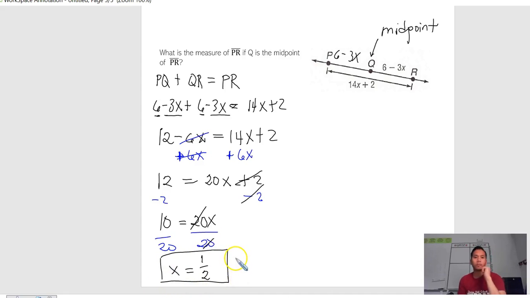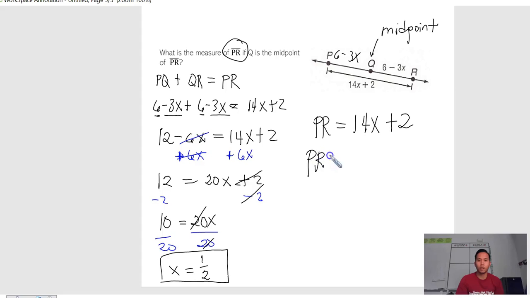Should I stop there? No, because the question is, what is the measurement of PR? The measurement of PR is equal to 14x plus 2. So I'll just plug in PR is equal to 14 times the value of x plus 2. Again, what's the value of x? The value of x is 1/2.